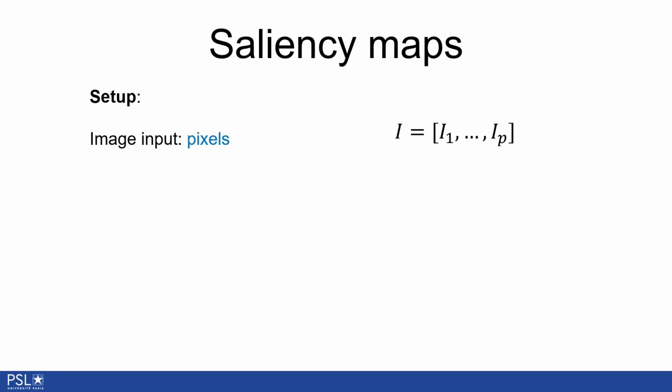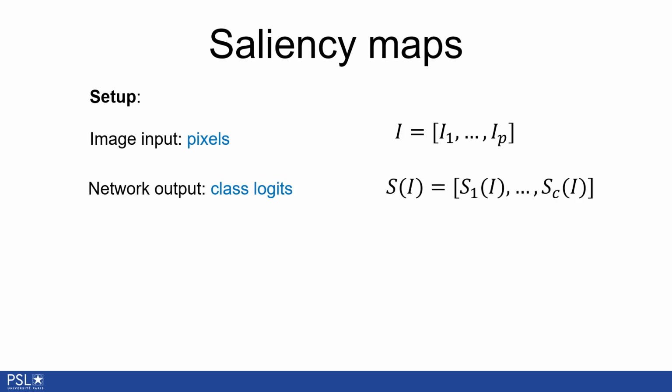More specifically, we are looking at a situation where the input to a neural network model is a set of p input features corresponding to the values of p pixels. The output of the model is a set of class logits, one logit S for each of the possible labels or classes that the network was trained to output.